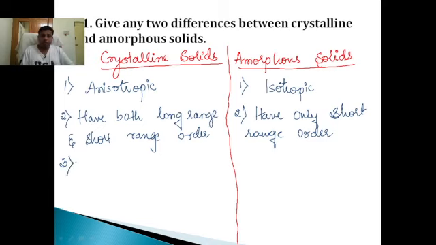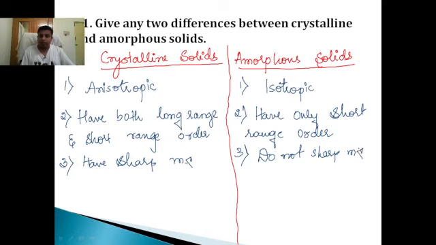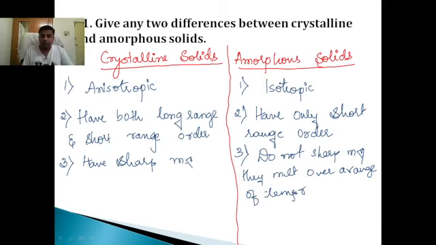The next, crystalline solids have a sharp melting point, whereas amorphous solids do not have a sharp melting point. They melt over a range of temperature.